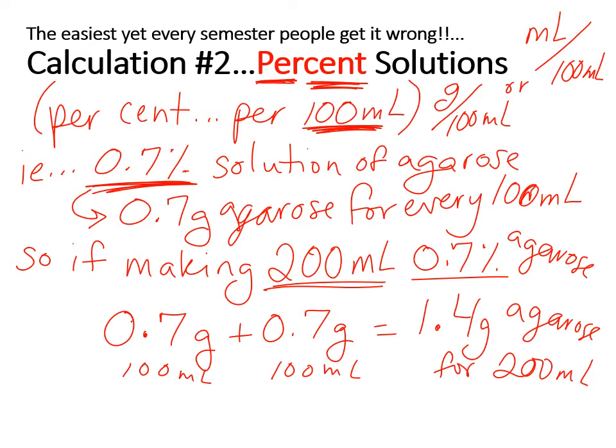But now we're going to show you a quick formula as well. Using that concept of what percent means, you can also use the formula where you simply take the percent and multiply it by the volume you want to make, per 100 ml, because that's the definition of what you're doing with percentages.